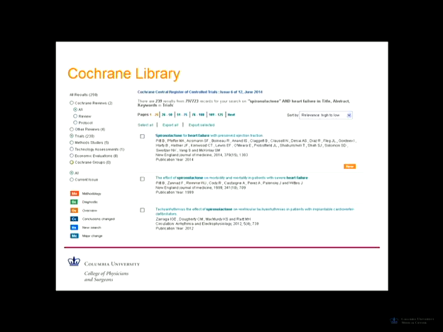I went to the library, and I entered in natural language spironolactone, and then I entered heart failure, and then I made the query for those terms in the title, the abstract, and the keywords for trials.